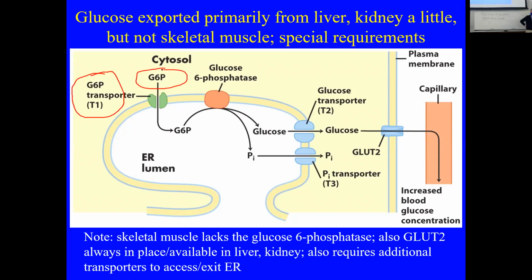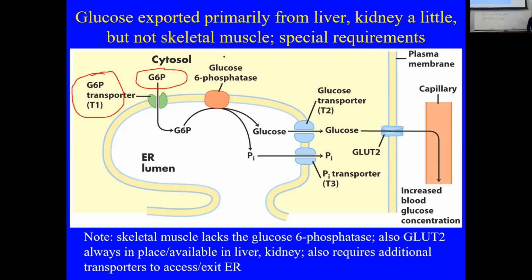This is a specialized compartment within the cell, an organelle. To get it there requires a specialized transporter, the glucose 6-phosphate transporter, or T1, which allows glucose 6-phosphate to move through the membrane of the endoplasmic reticulum into its lumen.